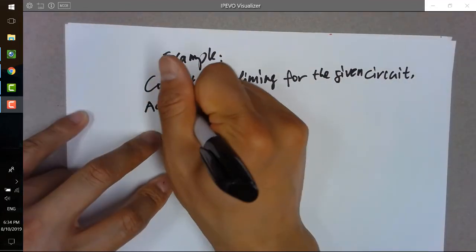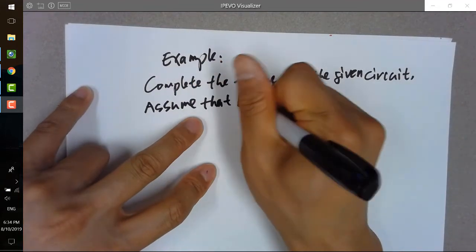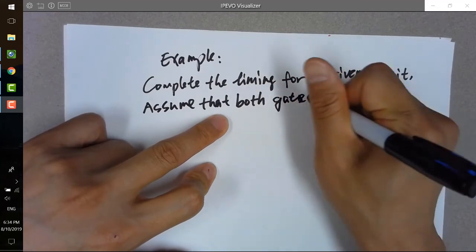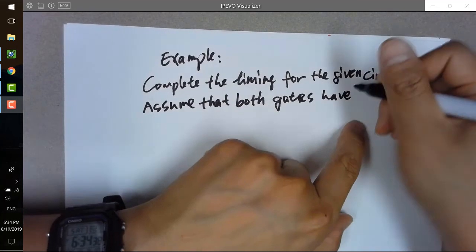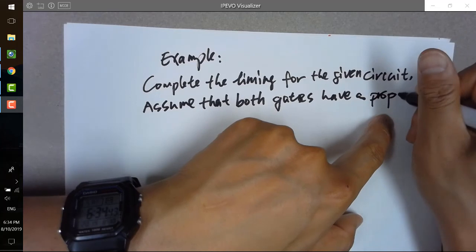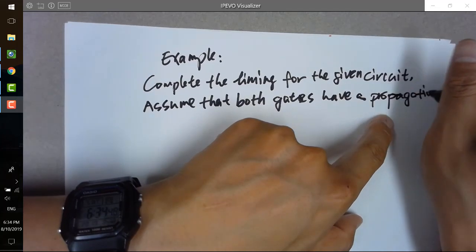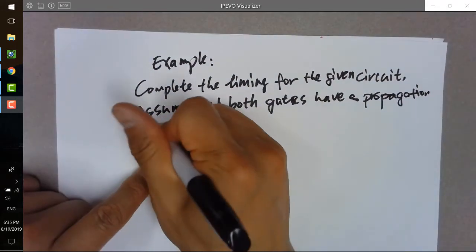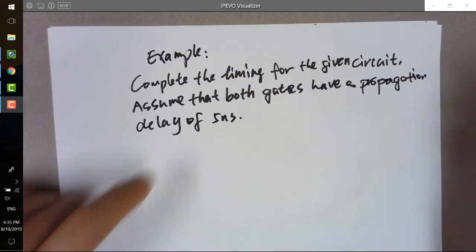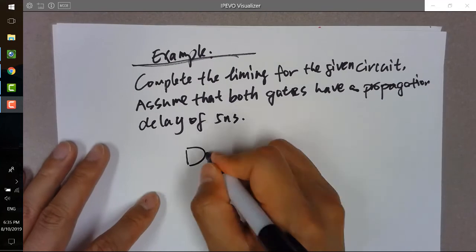Assume that both gates have a propagation delay of 5 nanoseconds. So propagation delay is just delay, right? Don't get confused here. So that's a really simple example.